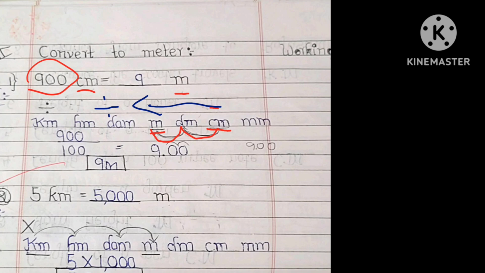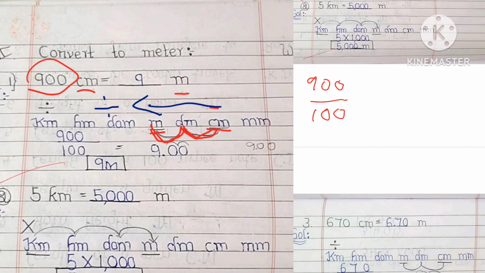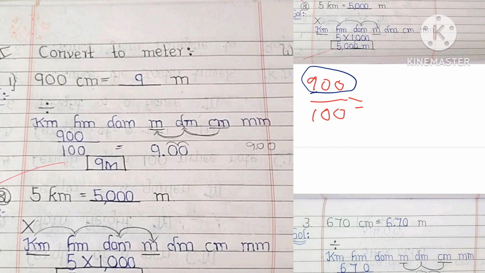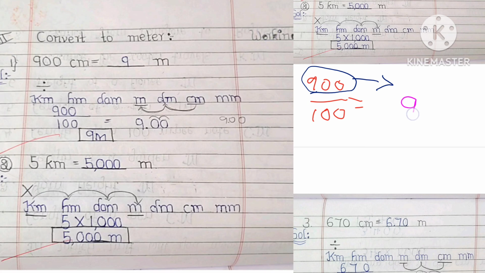Two jumps. And what is there in the question? 900 divided by 100 you need to put. Why 100? Because two jumps, one followed by two zeros. You need to put always either multiplying or dividing, one followed by the number of zeros based on the number of jumps in the question.